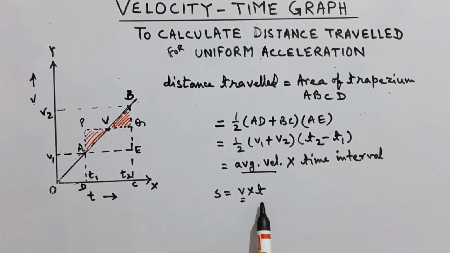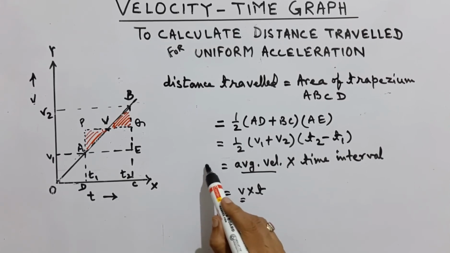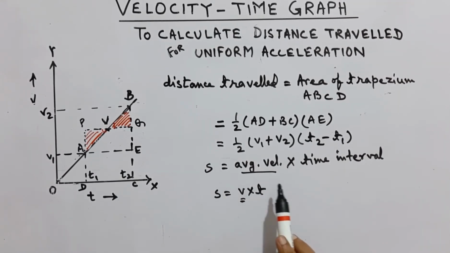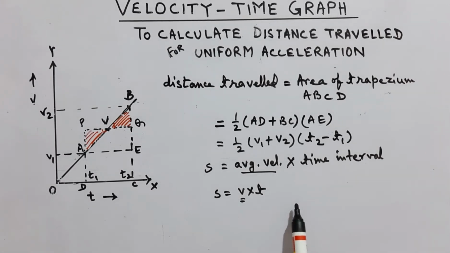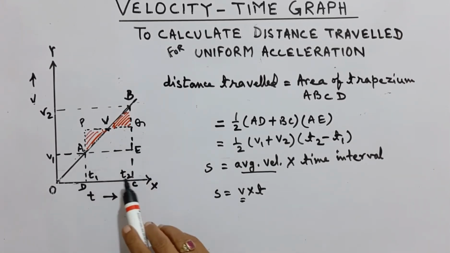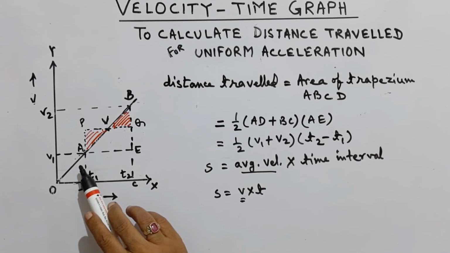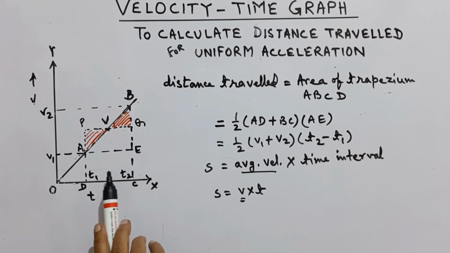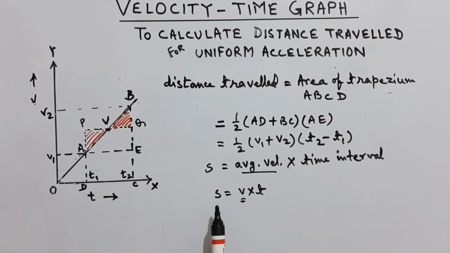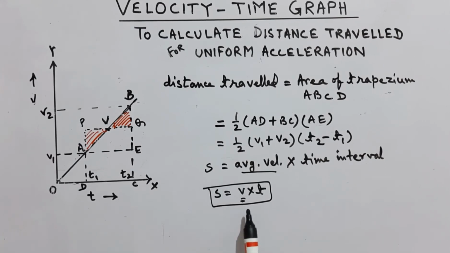So s is equal to v into t, and the distance s here is also equal to average velocity into time interval. Therefore, the area under the graph of a uniformly accelerated motion also is given by area under the graph. S is equal to v into t, where v is the average velocity.